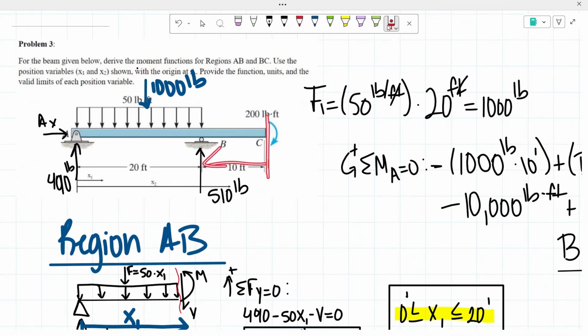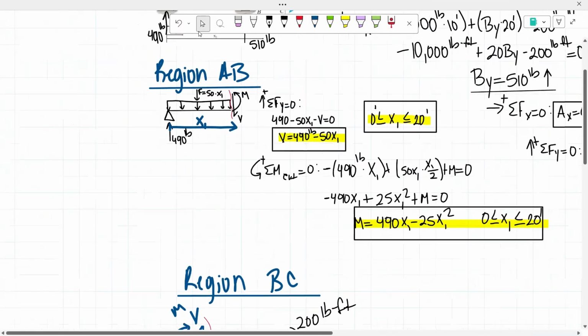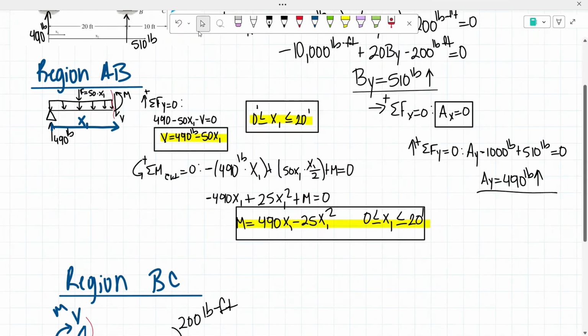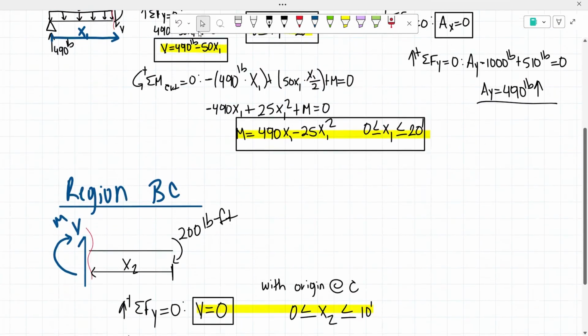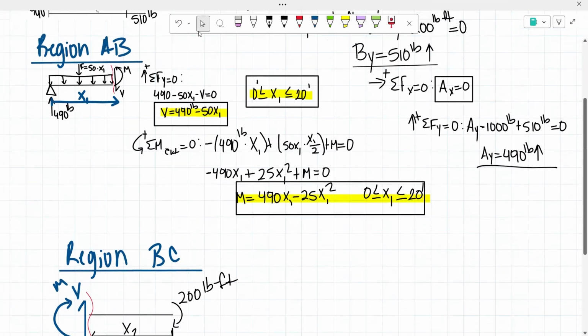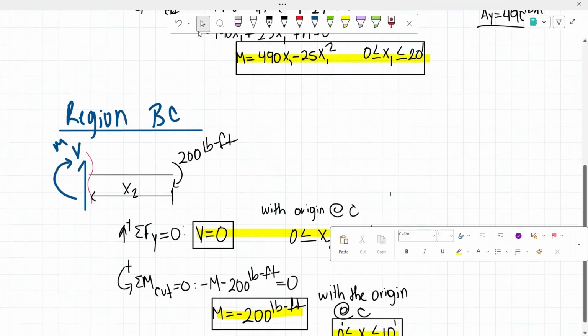The first step we did is we found our concentrated force of this constant loading that we had. From there we solved for the values of our reactions. Then we drew a free body diagram of our region AB and our region BC, and simply included our shear and moment based on sign convention. And then we simply solved for those functions.